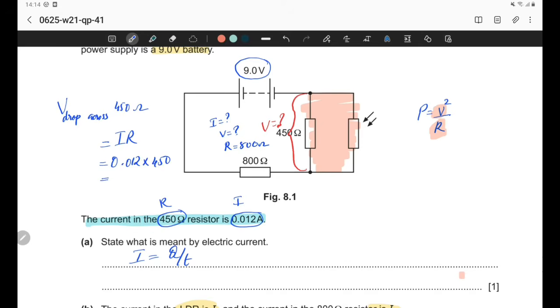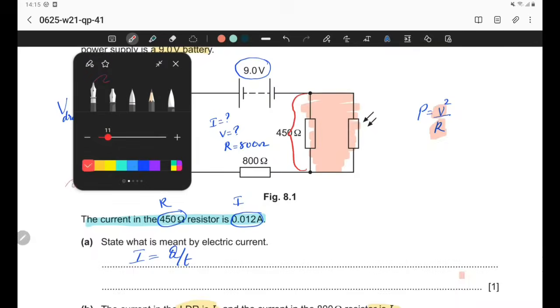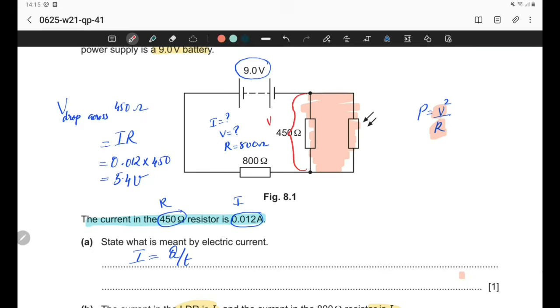So we will get 5.4 volt. That means the voltage drop across this parallel combination is 5.4 volt. So out of 9 volt, 5.4 volt has dropped across this parallel combination.